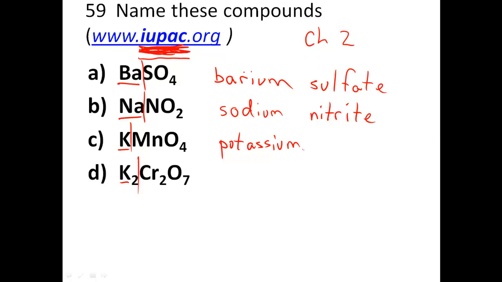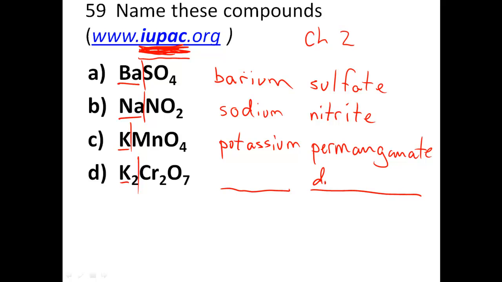Potassium only has one charge, so we don't have to worry about any Roman numerals. And this is permanganate. And potassium dichromate.